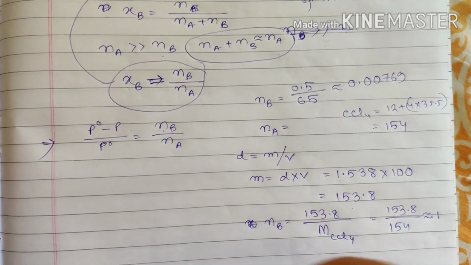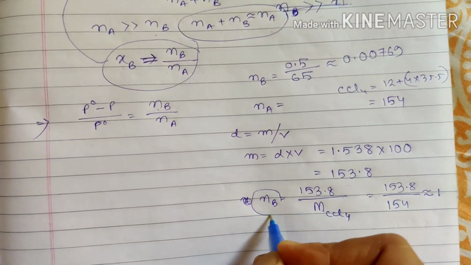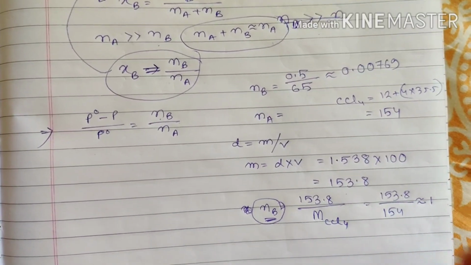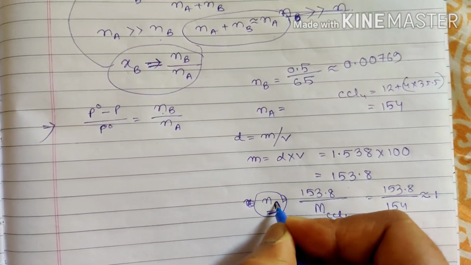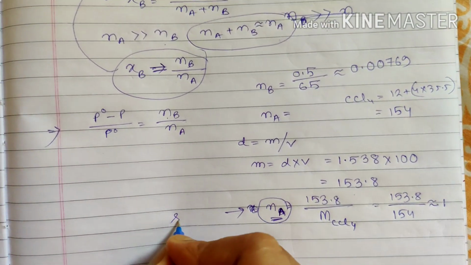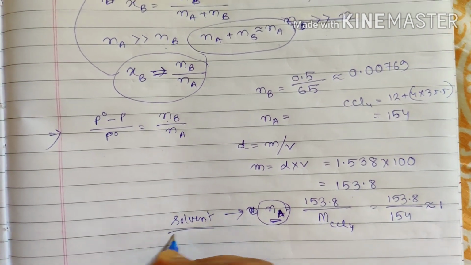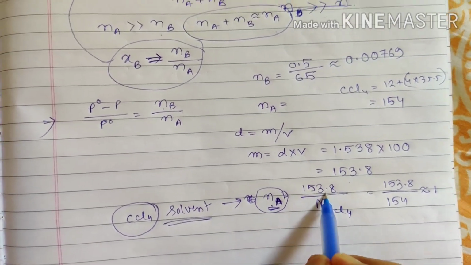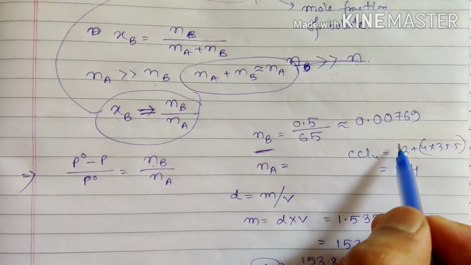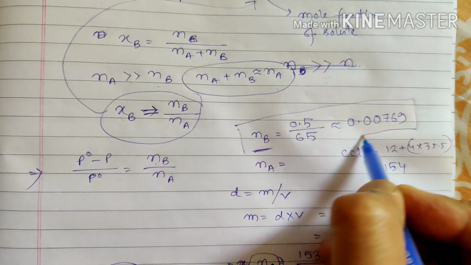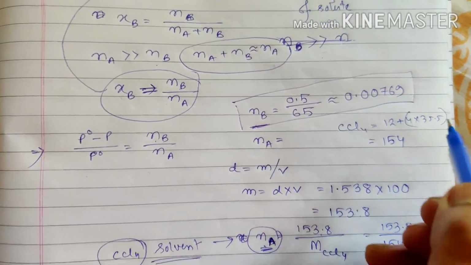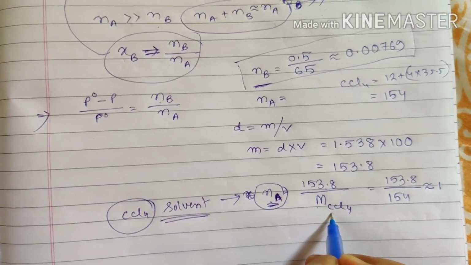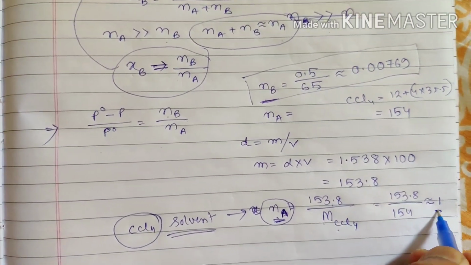So on one side we are getting the value of, sorry, it should be Na, because it is the solvent, which is CCl4. Na should be this much, and nb, as we had already calculated, is 0.00769. I repeat, it is Na which we are calculating because carbon tetrachloride is the solvent here. So it is almost 1.